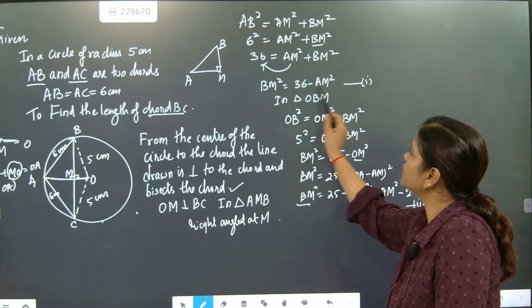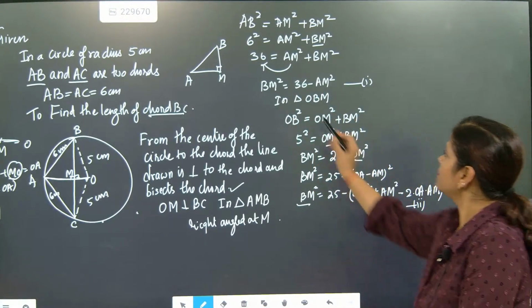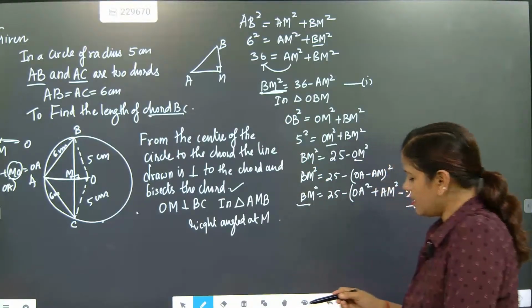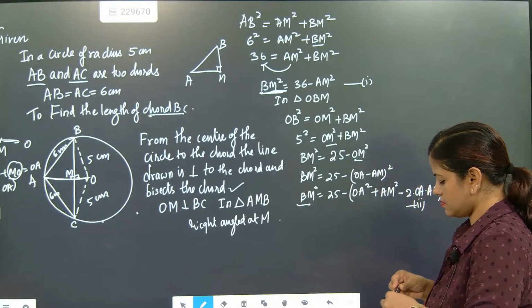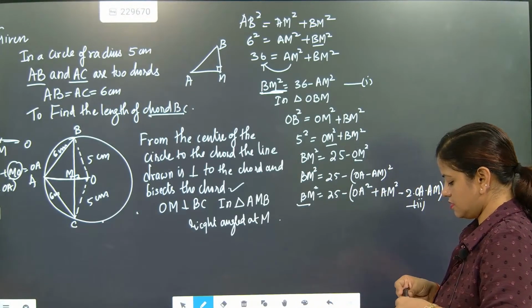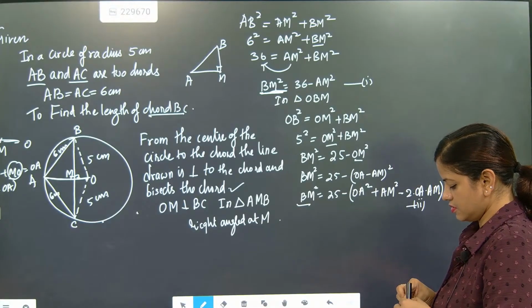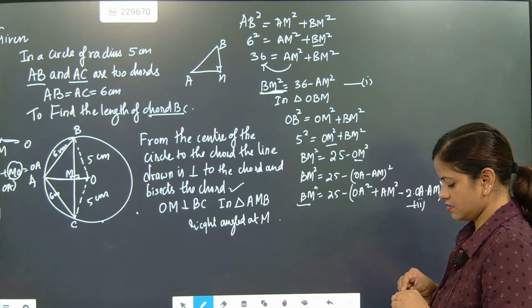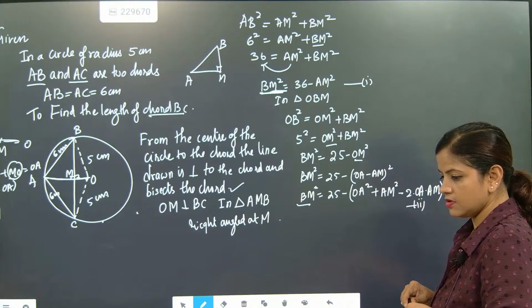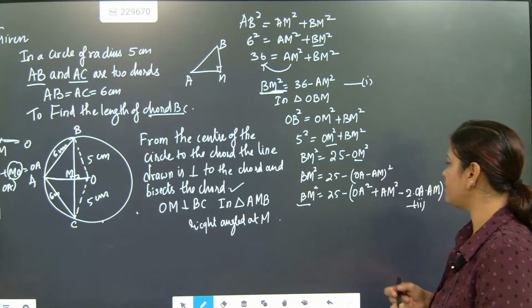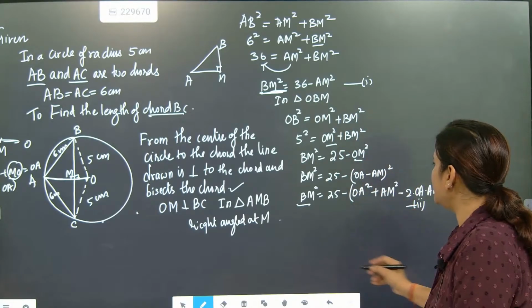So BM square is equal to 36 minus AM square. This side BM, and that side BM. So this side BM, equation 1 and equation 2.